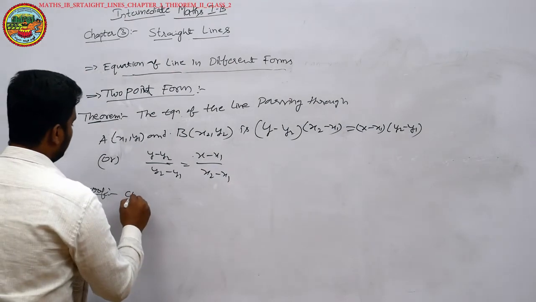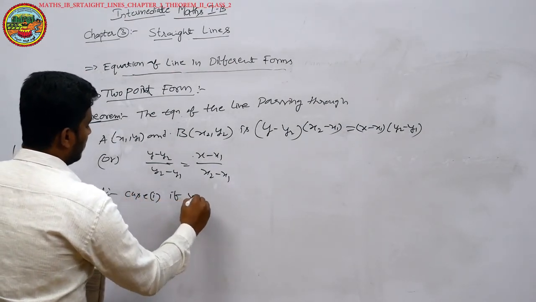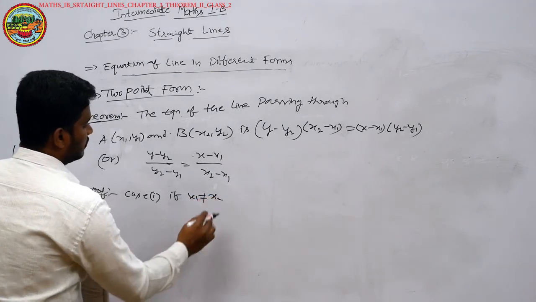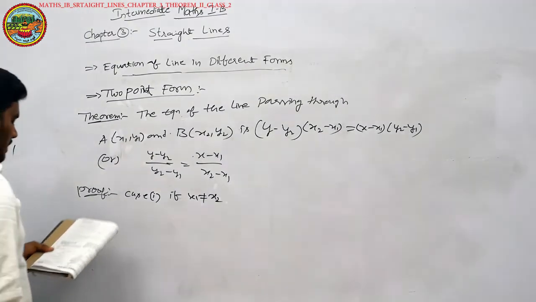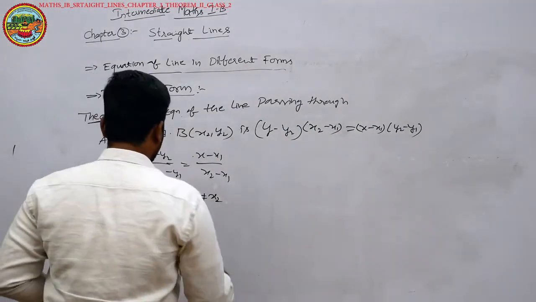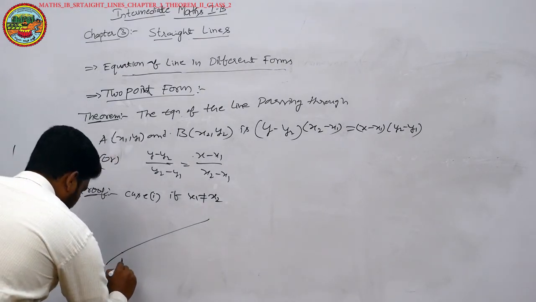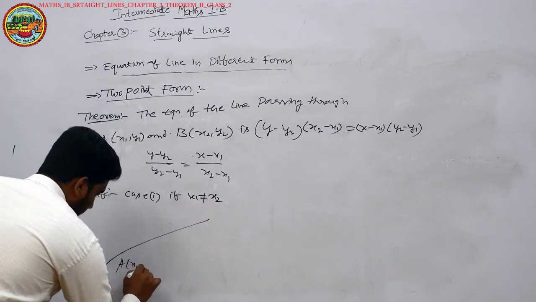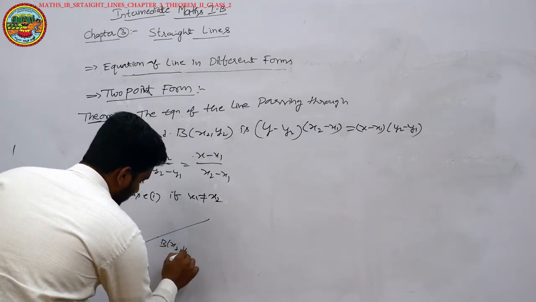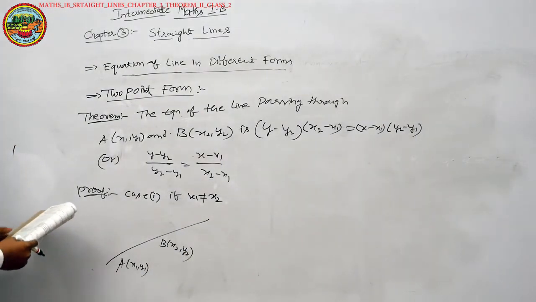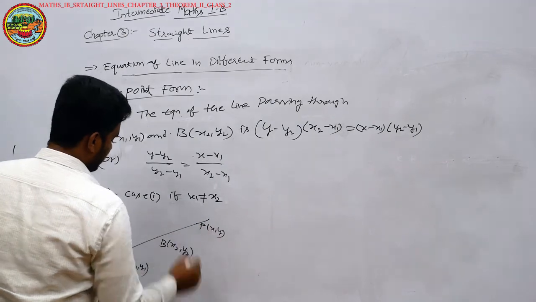Case number 1, if x1 not equal to x2. So consider a line with point A (x1, y1) and point B (x2, y2). Let P be any point on that line, (x, y) say.